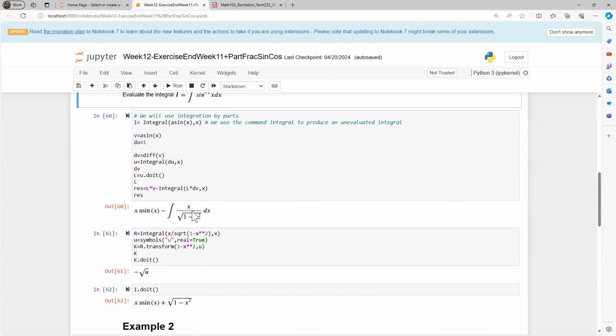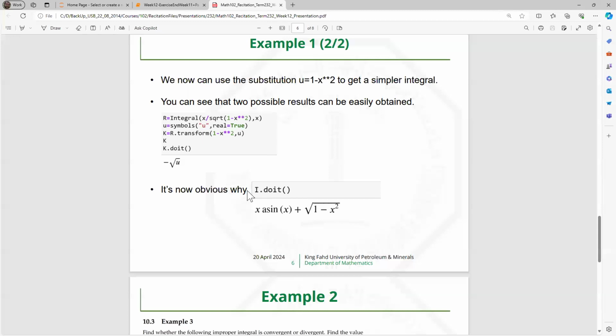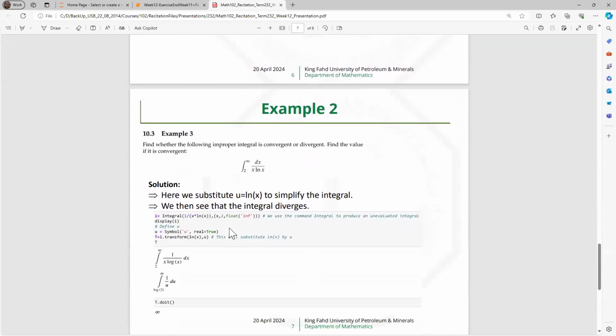So in the second part which appeared after the by-parts integration, we will have just to integrate minus half of square root of u, and of course the antiderivative of this is minus square root of u. Okay, so if we adapt these things, x asin of x minus what we got is going to be plus square root of u, so it's plus square root of 1 minus x squared. And here you go.